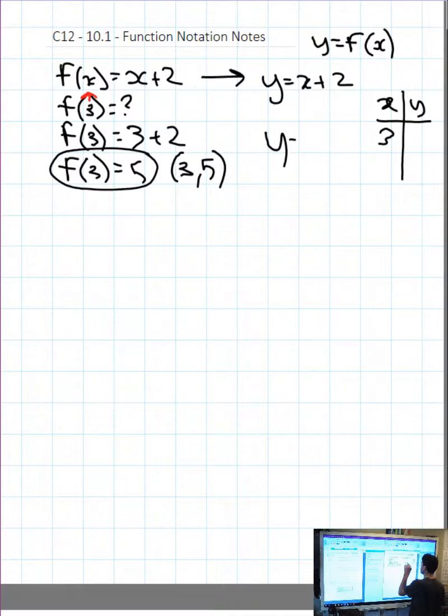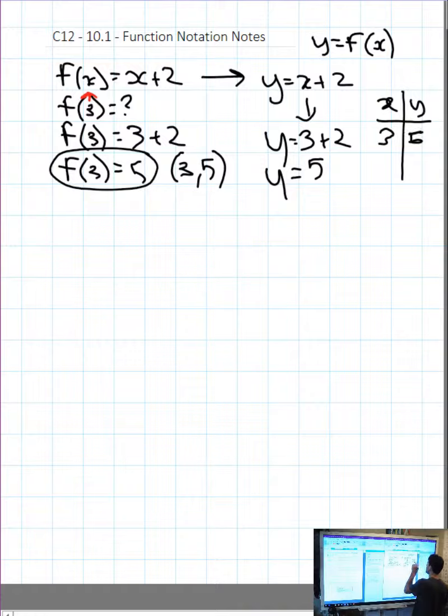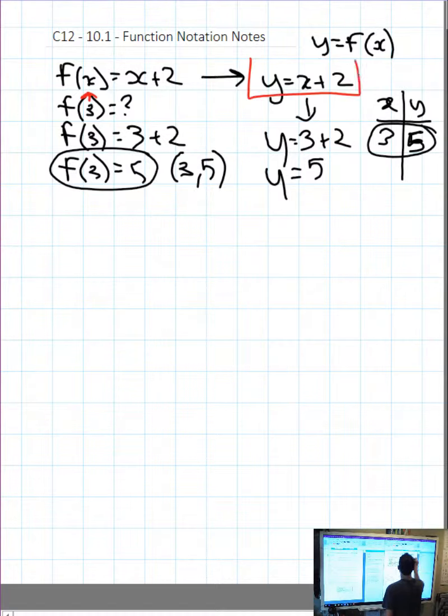So y equals, again, we're going to substitute for x, and we get y equals 5. And then we can put that in the table, and that is our point. So we used to use variables. Now we're going to be using functions.